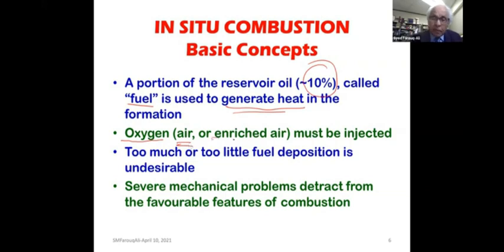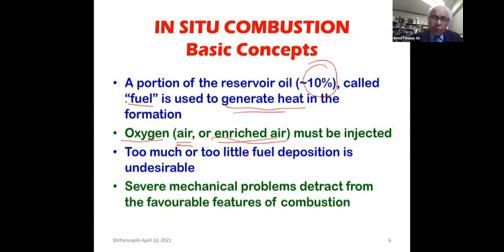Sometimes we call it enriched air, where we've added additional oxygen. So that is the most important part, that in situ combustion utilizes a portion, actually the most undesirable portion of the oil to generate heat, unlike, say, steam, where you have to generate steam at the surface.